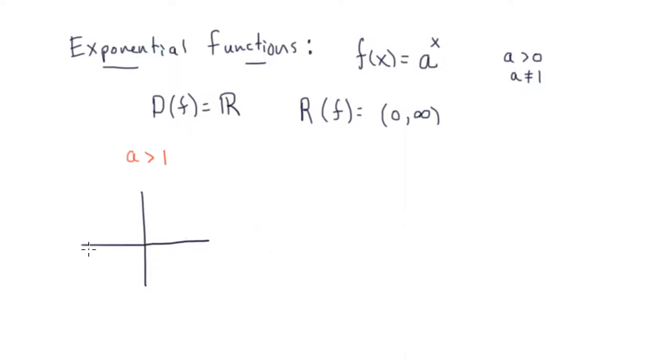So it's starting at 0, down at negative infinity, and it's growing. And when we get to the positive numbers, it shoots off to infinity really quickly. It grows exponentially. So as x goes to minus infinity, the function is going to 0. And as x goes to infinity, the function is going off to infinity very rapidly.